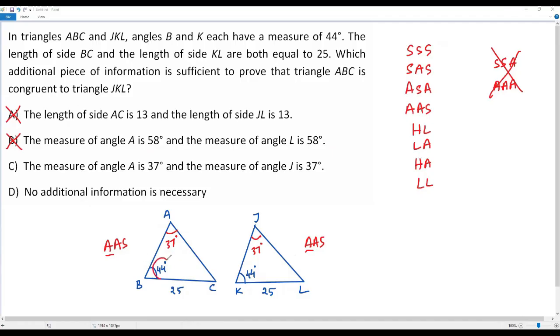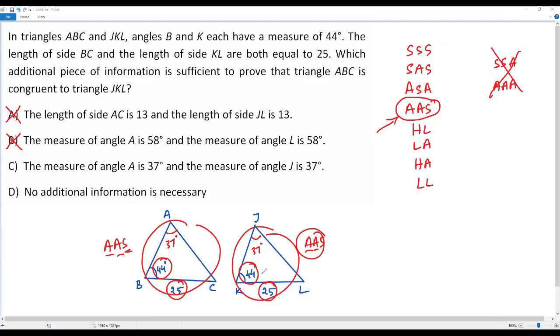The second interior angle is 44 degrees in both triangles. The third part is a side with a length of 25 in both. And we have AAS as one of the triangle congruence postulates. So using AAS, we can say these two triangles ABC and JKL are congruent.